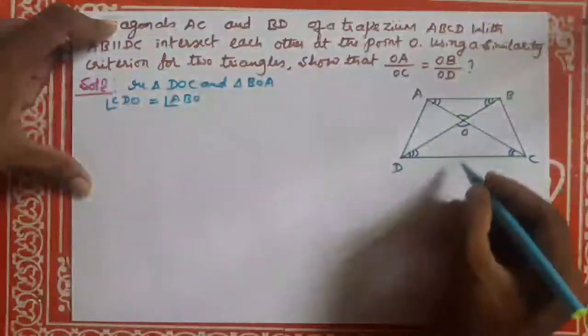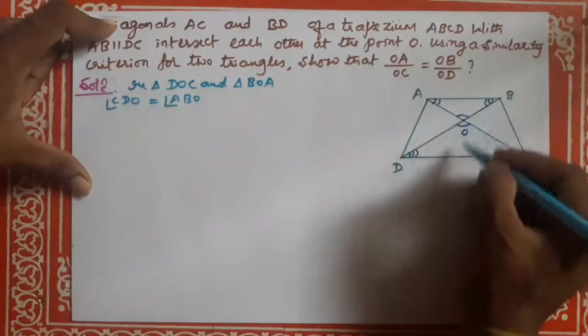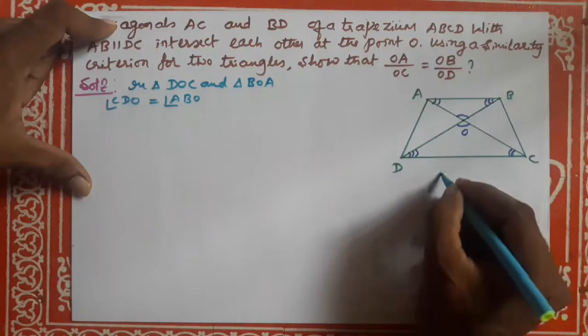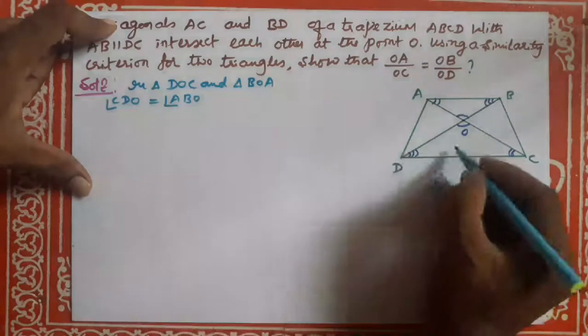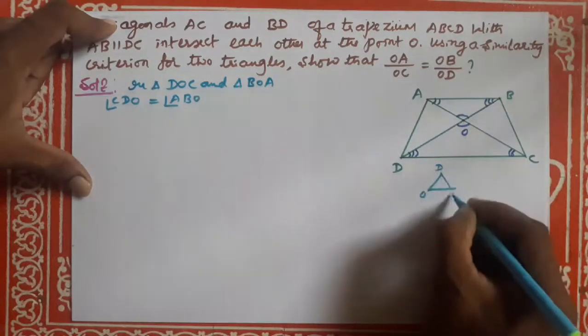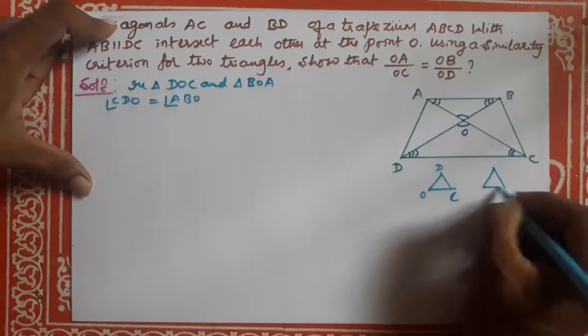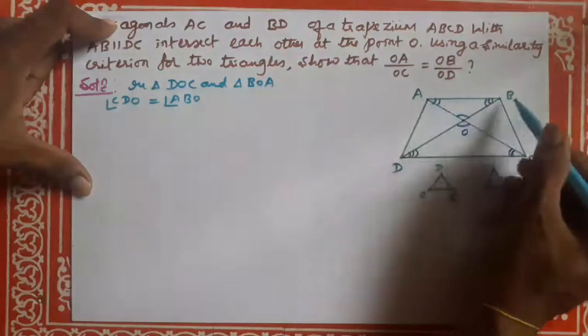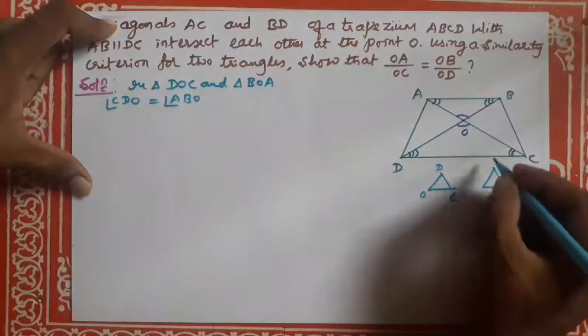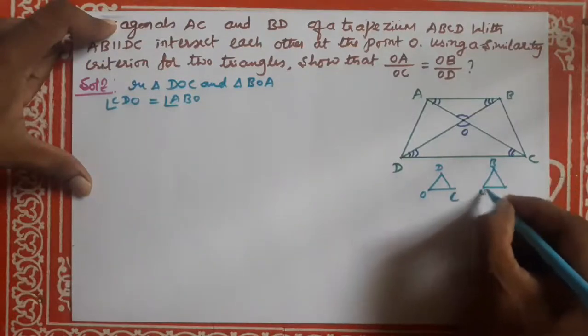Or you can separate these two triangles like this. This is the triangle DOC I have taken, and the other triangle I have taken is BOA.